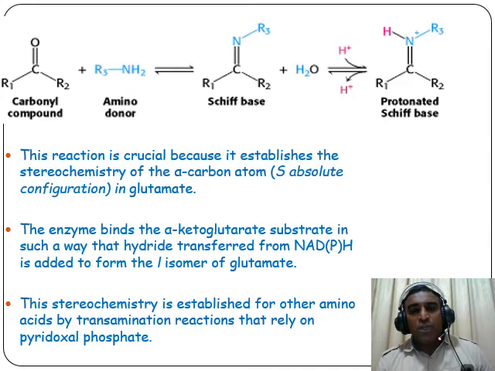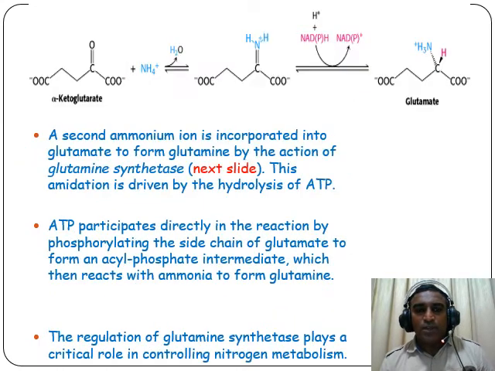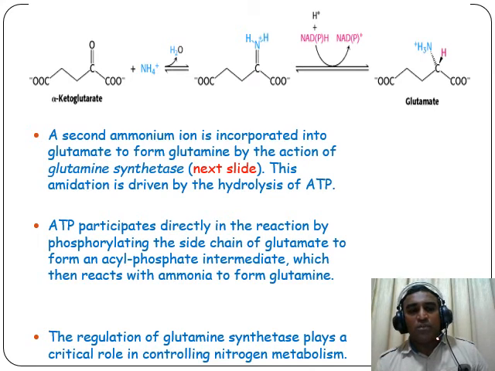I'm not going to go into detail about it, but if you look at the next slide, this just describes the general formation of a Schiff base, while here you get to see the actual reaction in making glutamate, that is alpha ketoglutarate reacting with ammonium ions, forming this Schiff base intermediate, and then finally forming glutamate.